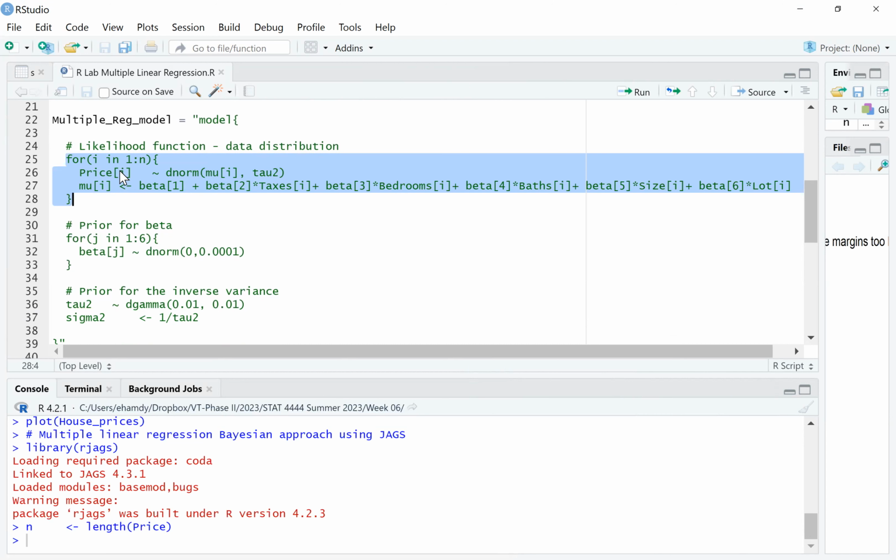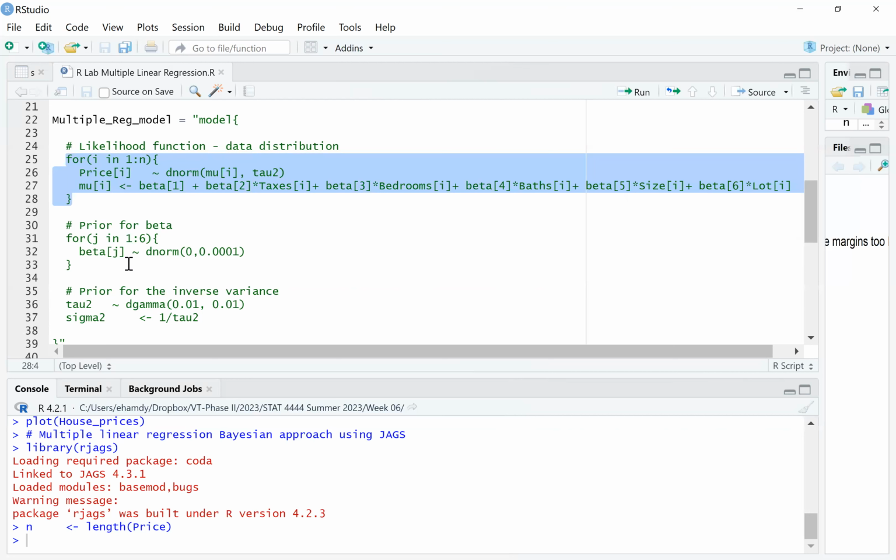So each observation follows normal distribution with some mean and tau square, which is 1 divided by sigma square. Mu i is, in our lecture note, beta 0 plus beta 1 x1 plus beta 2 x2, and so on. But in this case, I call them beta 1, beta 2, beta 3, beta 4. So beta 1, which is the intercept, why do I call them beta 1, beta 2, beta 3?